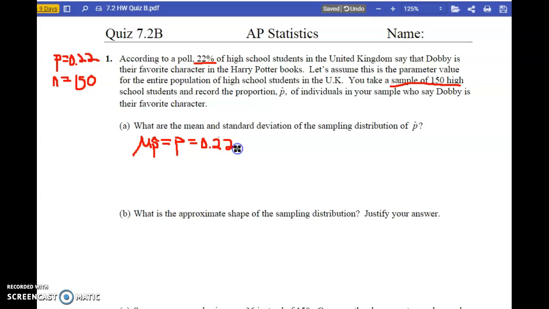And then the standard deviation, technically before I find it, I'd have to check the 10% condition and write it out in words. So I'm just going to say, though, 150 high school students is likely less than 10% of all students in the UK. So we'll say 10% condition met. That means the standard deviation of the p-hats will come from the square root of pq over n.